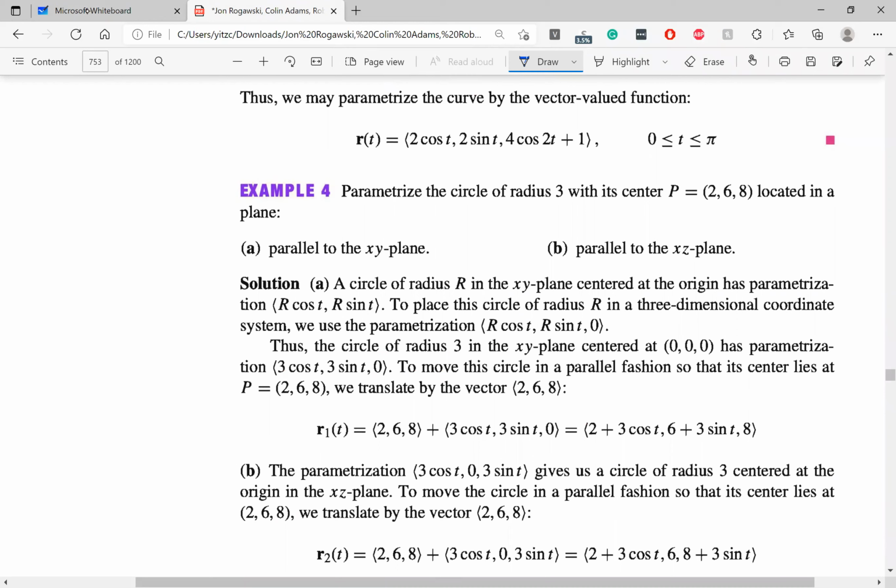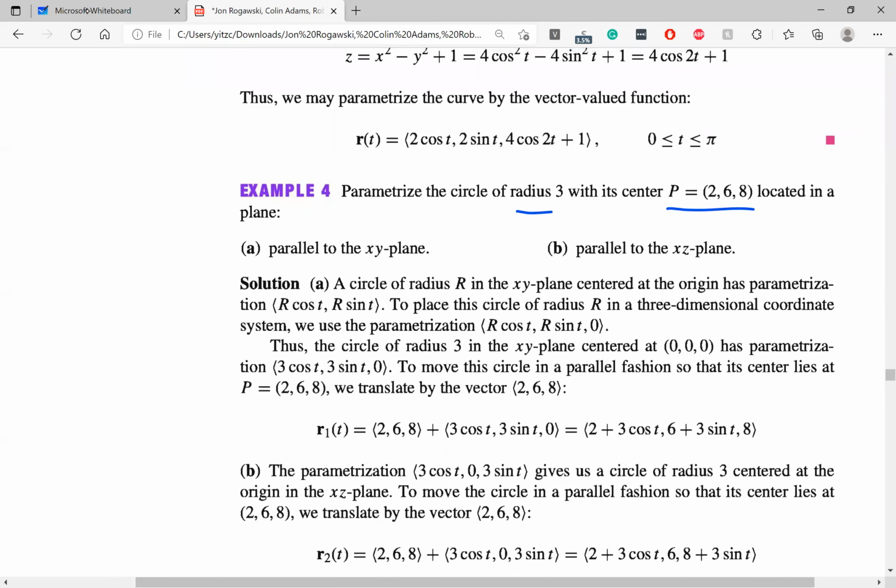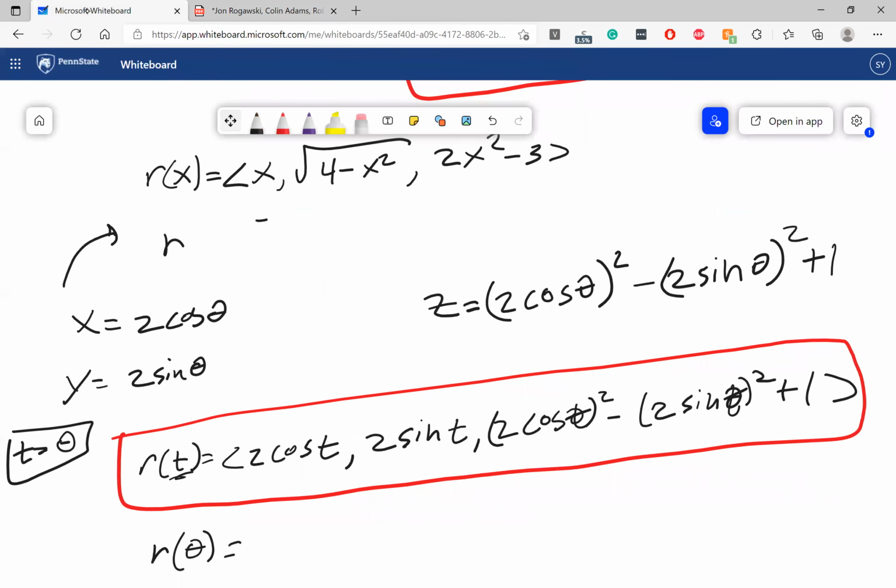So they say parameterize the circle of radius 3 with center over here, located in either the plane parallel to the xy plane or parallel to the xz plane. Okay, so what about the xy plane with this center?